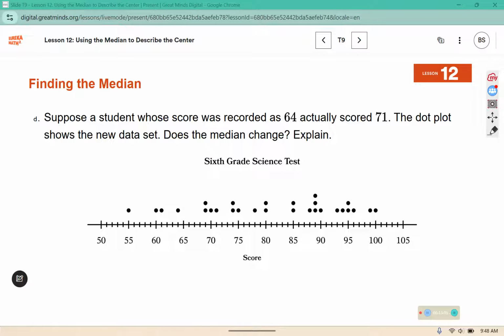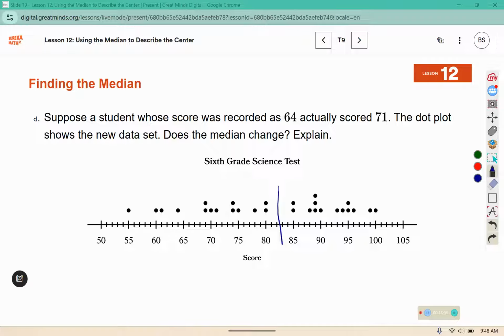Suppose a student whose score was recorded as 64 actually scored 71. The dot plot shows the new data set. Does the median change? Well, we had our median here, and it moved from 64 up to 71. But it still remains on the left side of the median, so there's still 14 points on the left.